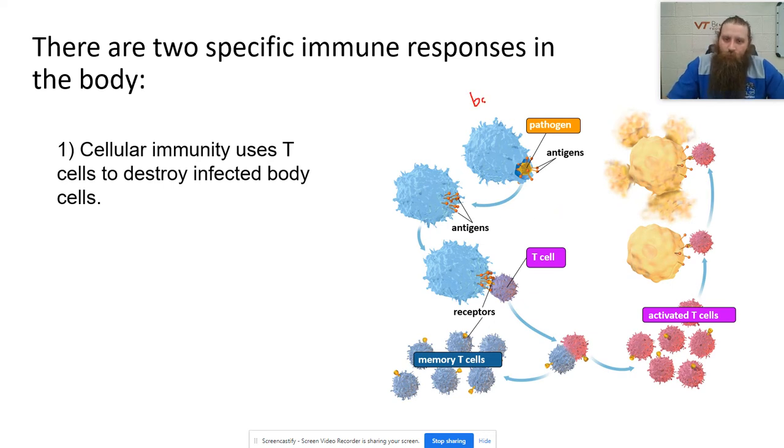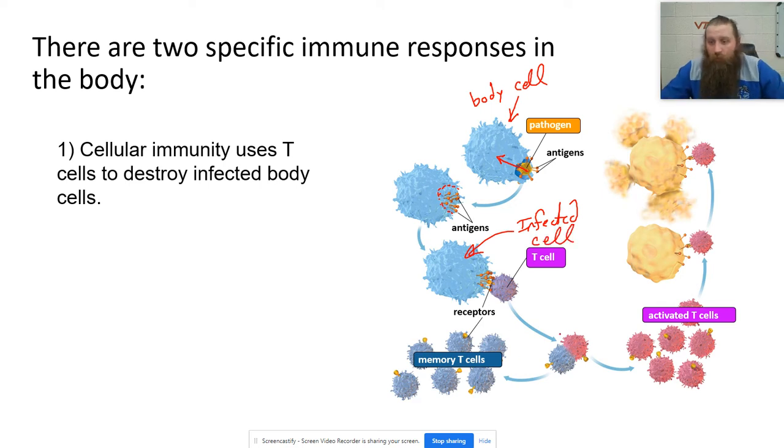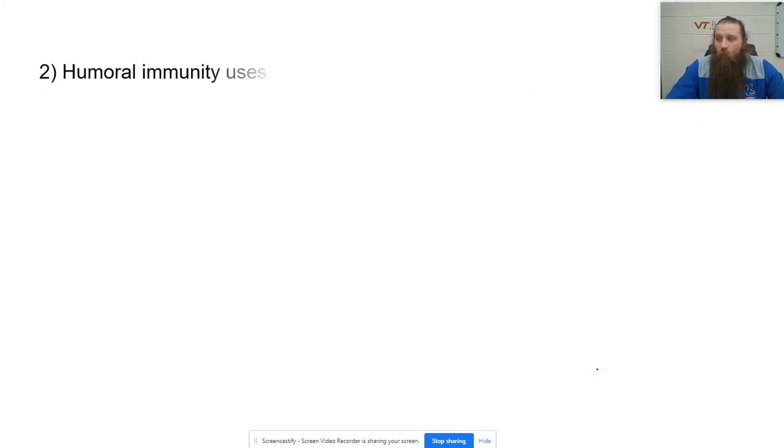This is a body cell, this blue cell right here. When the pathogen goes into the cell, the antigens for the pathogen stay on the surface. And the T cell comes along and says, hey, I recognize that this is an infected cell, and it kills it. It's just like, man, we gotta take that guy out.